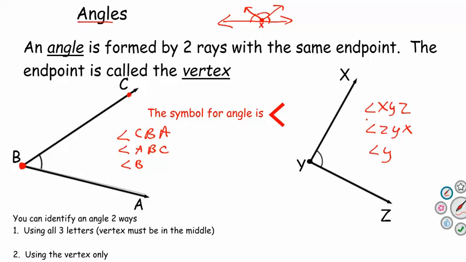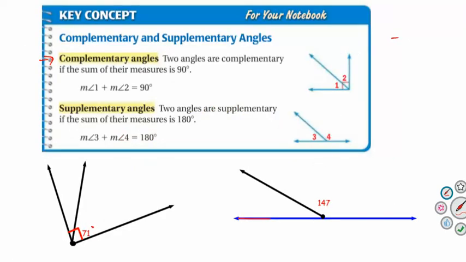So we're going to talk today about complementary and supplementary angles. Complementary angles are 2 angles whose sum adds up to 90 degrees. So if this is a right angle, a 90-degree angle, and I break that into 2 angles, those 2 angles together have to add up to 90 degrees. That makes sense, right?